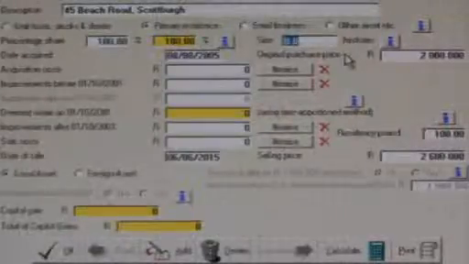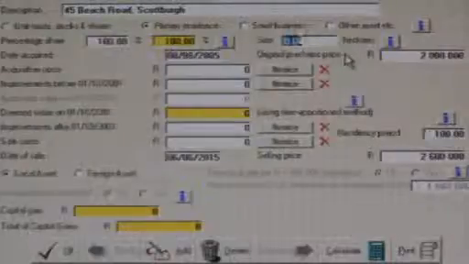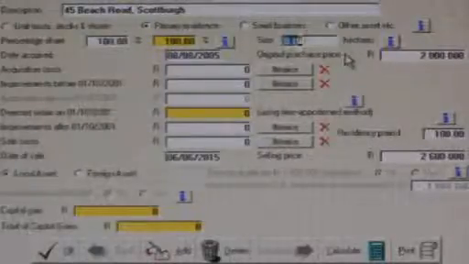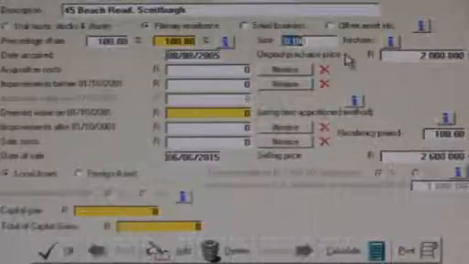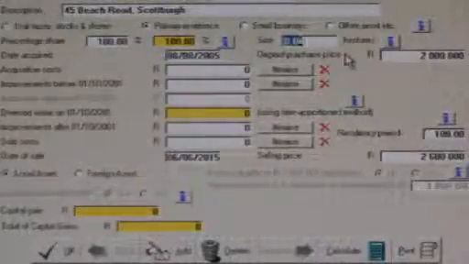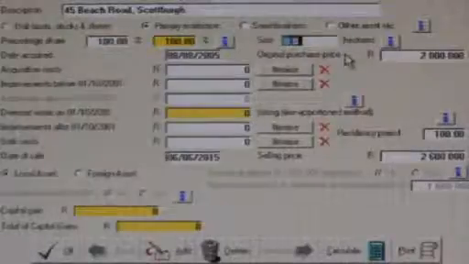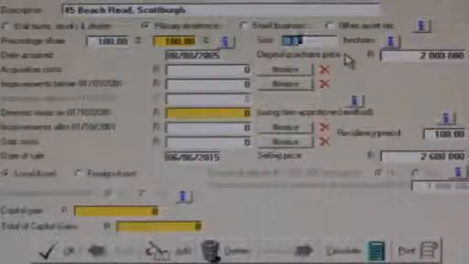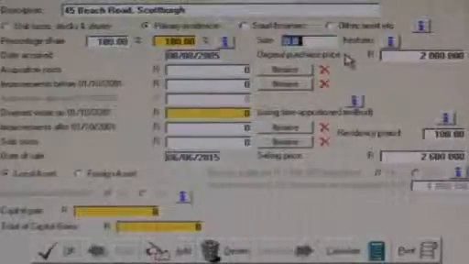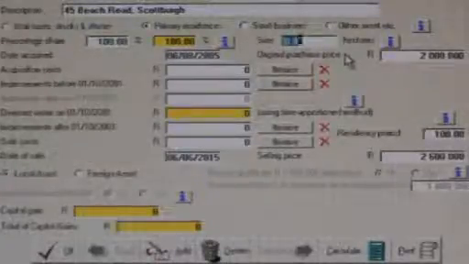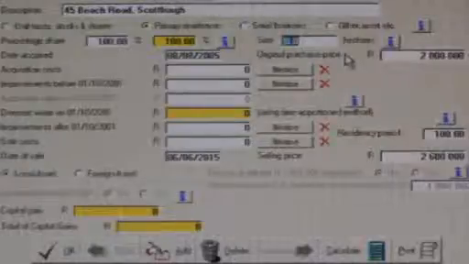Okay, we have no gain because of the 2 million rand primary residence exclusion on the profit of a primary residence. The profit is only 600,000 in this case, and the 2 million rand exclusion means there's nothing in the profit to go for capital gains tax. I just want to draw your attention to this field here, where we can enter the size of the property.